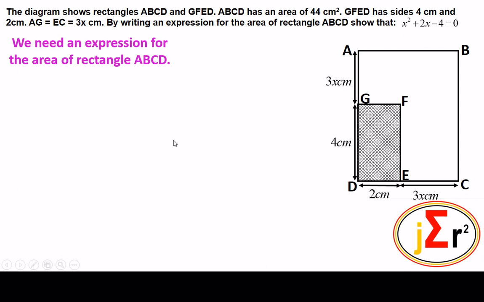We need to write an expression for the area of that rectangle, and by so doing, we will arrive at this expression. Let's go. Area is equal to length times width, and that is irrespective of the rectangle. That is a universal law. We need to multiply the length of this rectangle by its width, and it is 3x centimeters to be added to 4 centimeters.